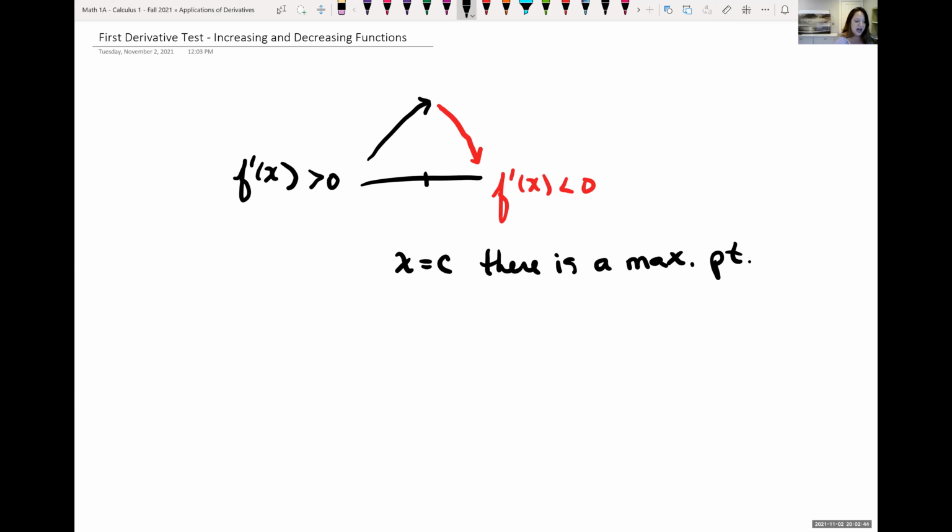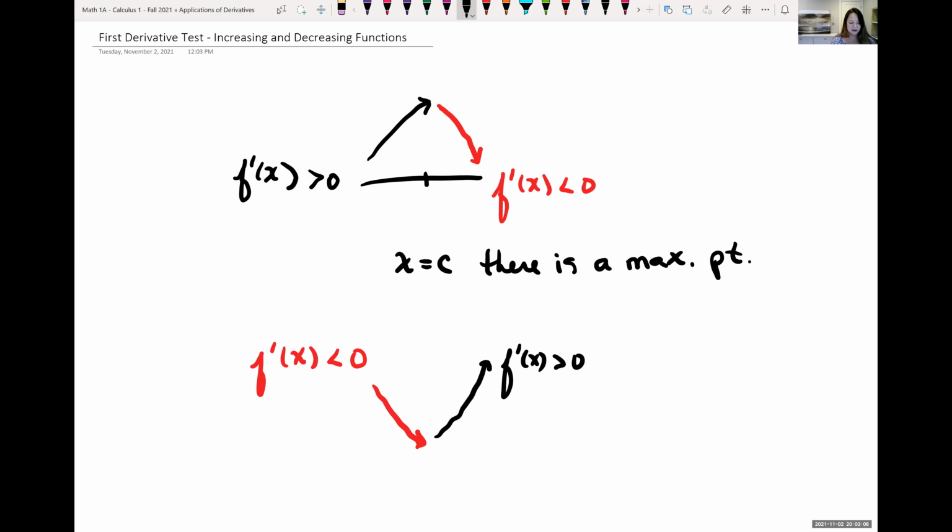So if we went from the opposite direction, let's say we were first looking on the left of some value and we saw that the function was decreasing. And then on the right of some value, we saw that the function was increasing. So our derivative first would have been less than 0.